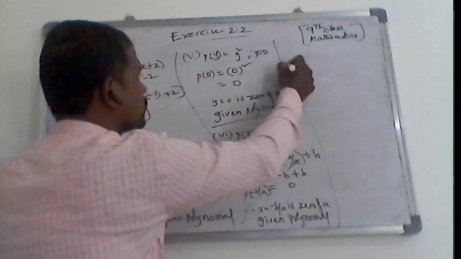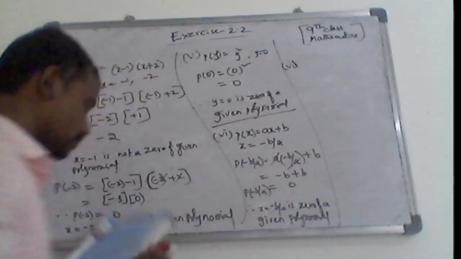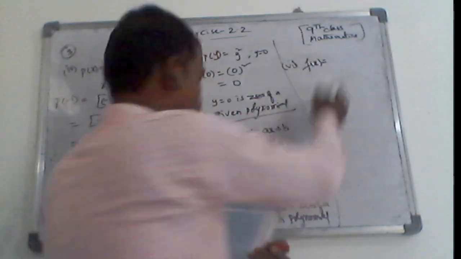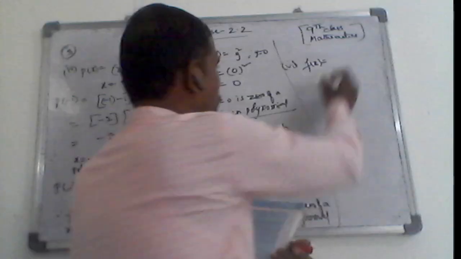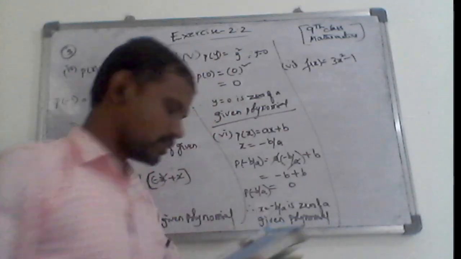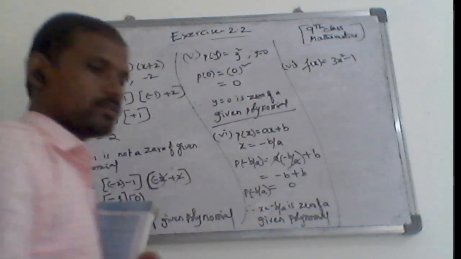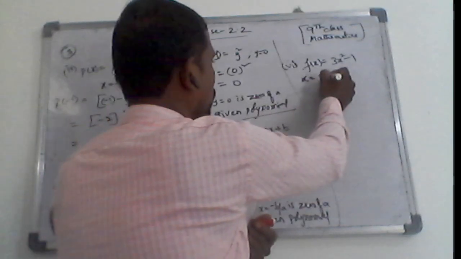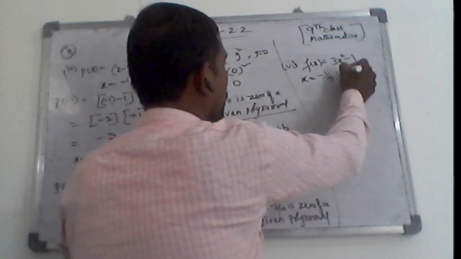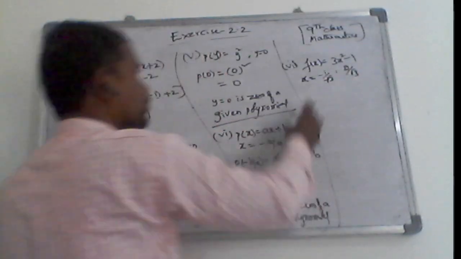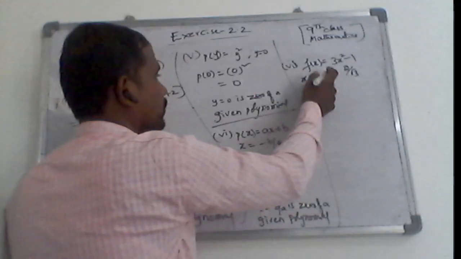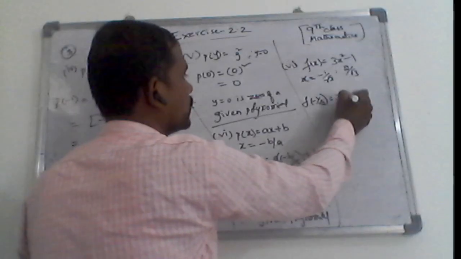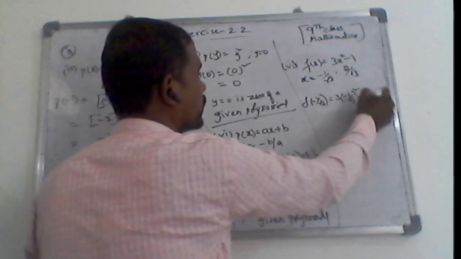Next one, question number 7. F of x equals 3x square minus 1, where x equals minus 1 by root 3, 2 by root 3. Substitute x value minus 1 by root 3. F of minus 1 by root 3 equals 3 into (minus 1 by root 3) whole square minus 1.